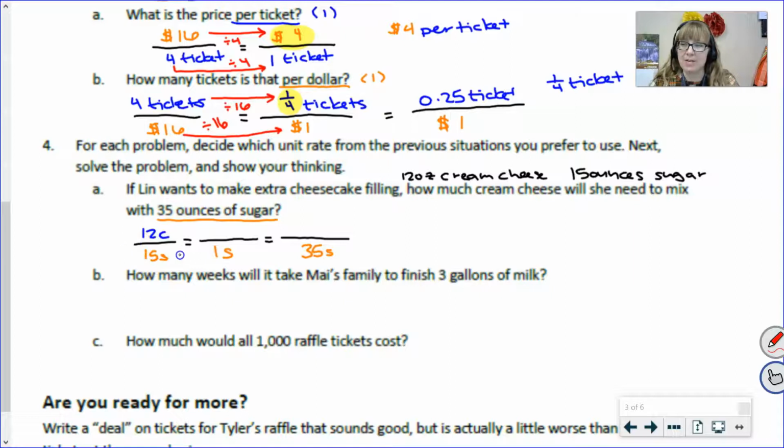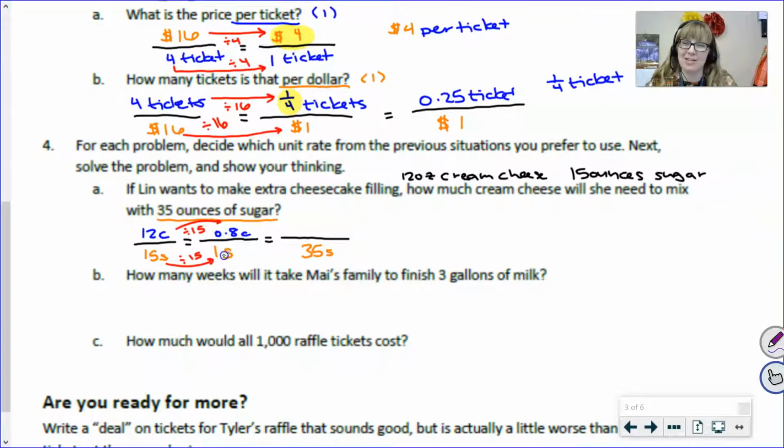So we've already answered this question. How does the 15 change to a 1? Well, we divide it by 15, and that's why we already did that here as well with our 12. We divided by 15, and that's where we got our 4/5, or I'm going to use a decimal this time just to make it easy, 8/10 of an ounce of cream cheese for every 1 ounce of sugar.